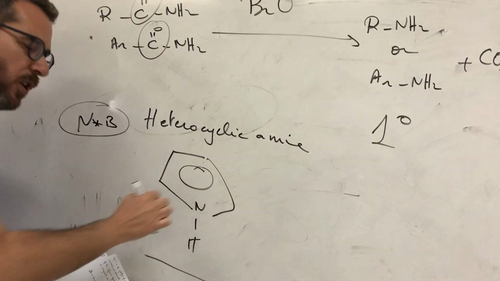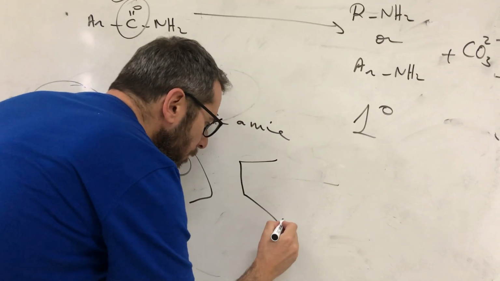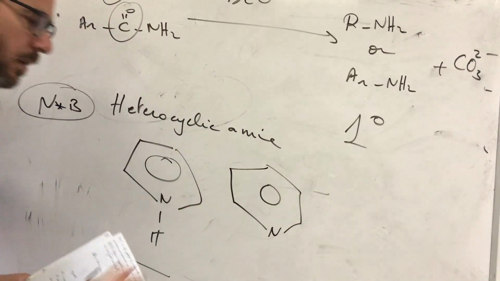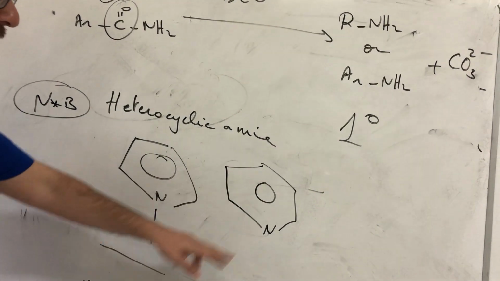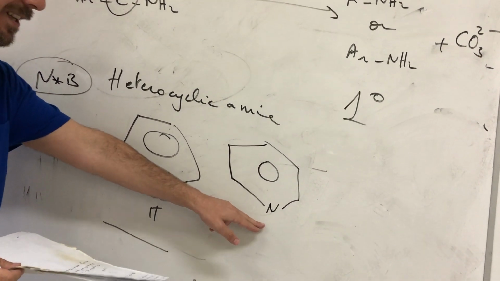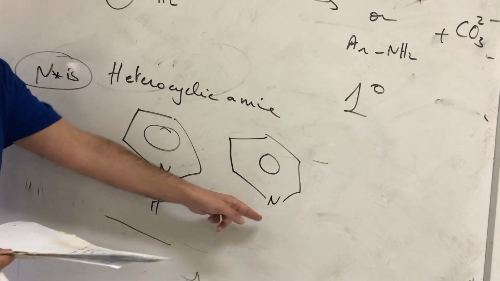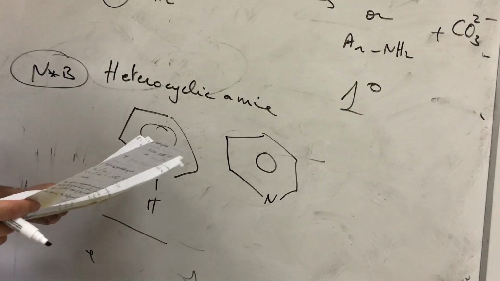We can make a polymer with this one, polypyrrole, very important. We also have pyridine, and you can continue reading. Pyridine is very important. You cannot smell it, for men. It will kill your testosterone. So it's not good for men to smell pyridine inside the lab.